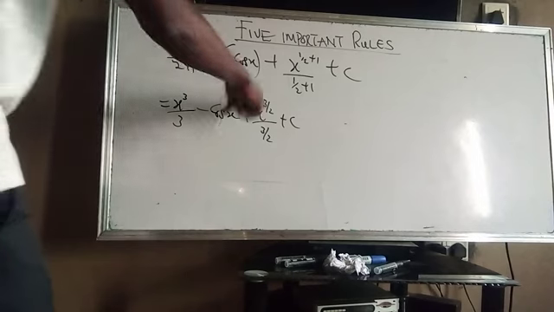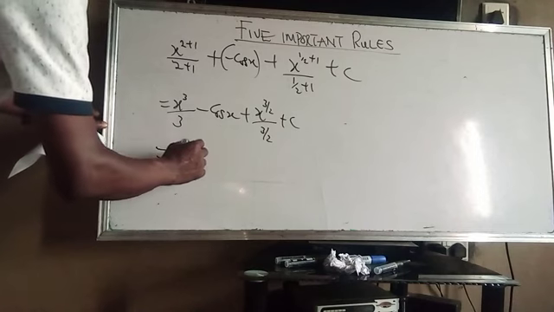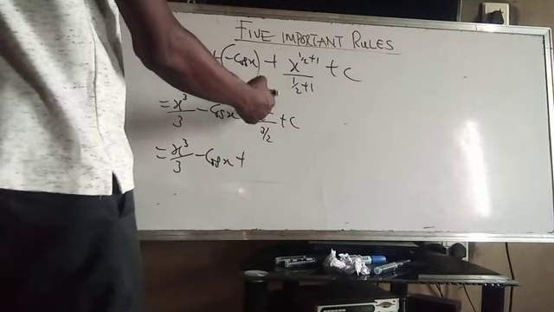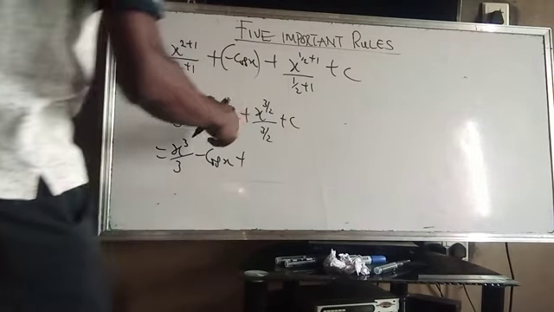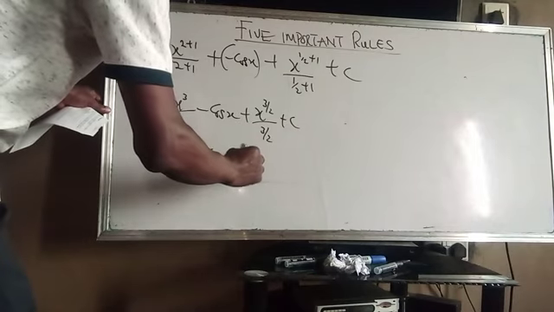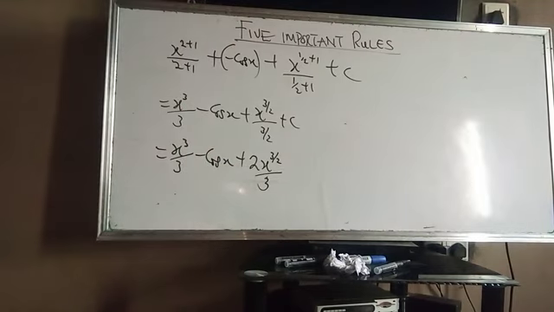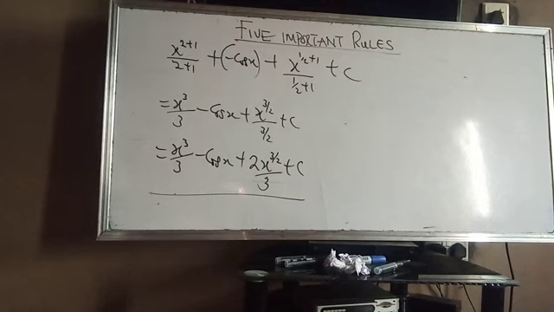We can re-evaluate this and have x to the power 3 all over 3 minus cos x plus, you are dividing the entire numerator here by 3 over 2. So 2 will go up and 3 will come down. So you have 2x to the power 3 over 2 all over 3, plus c. So I think it's okay like this.